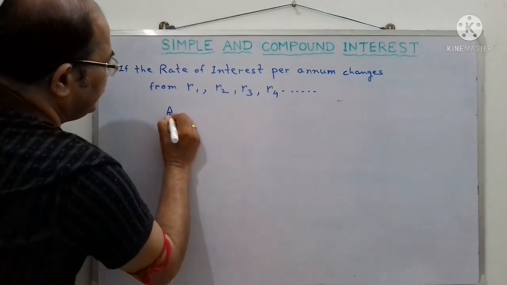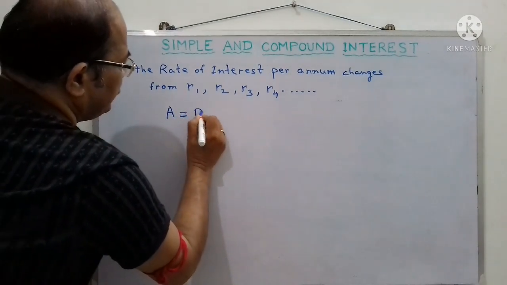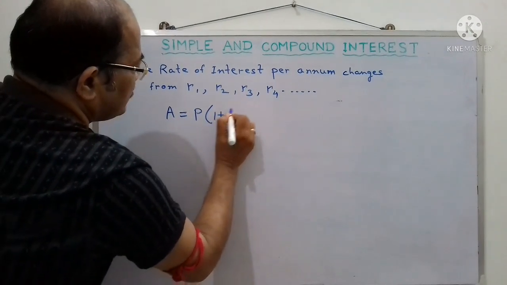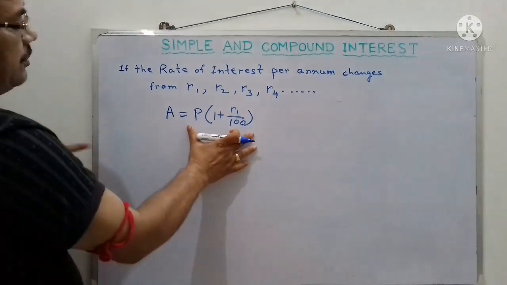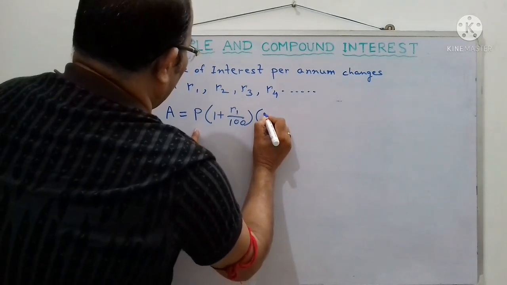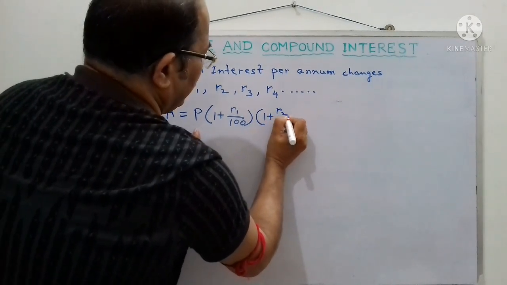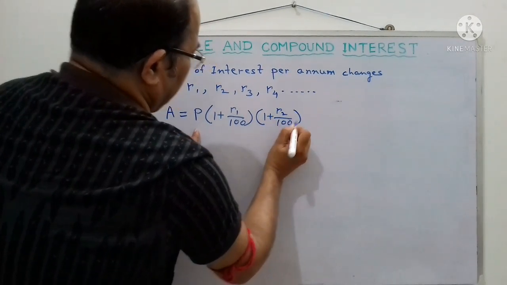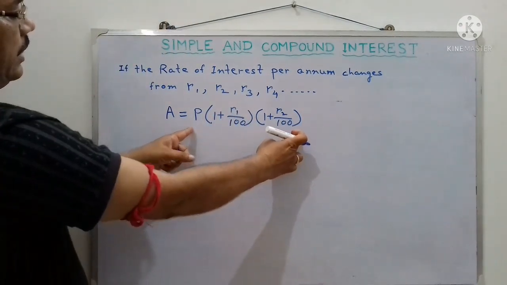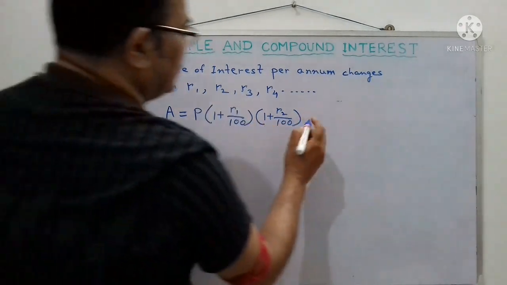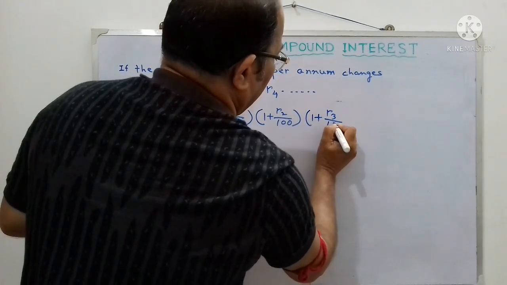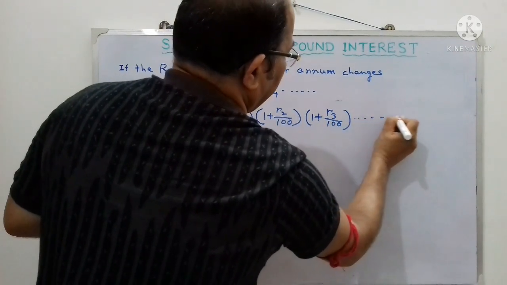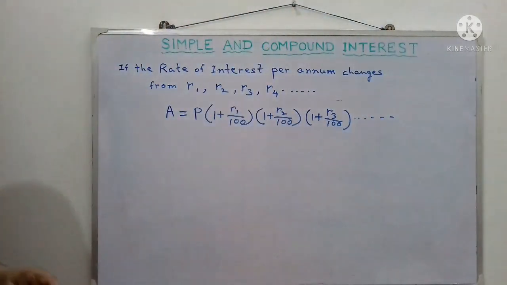The amount will be A equals P into 1 plus R1 by 100, this is the amount for the first year, into 1 plus R2 by 100, this will be for the successive 2 years, and then 1 plus R3 by 100 and so on.